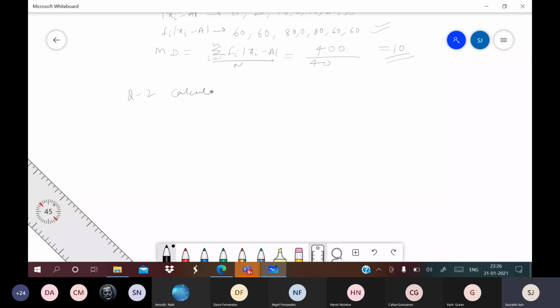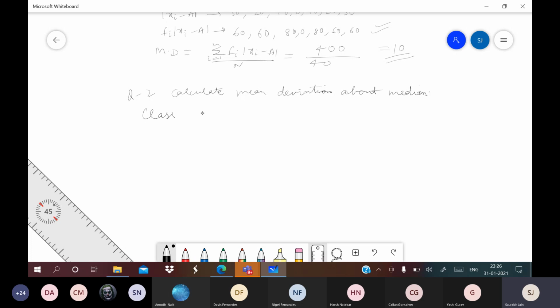Calculate mean deviation about median. And here's the data.